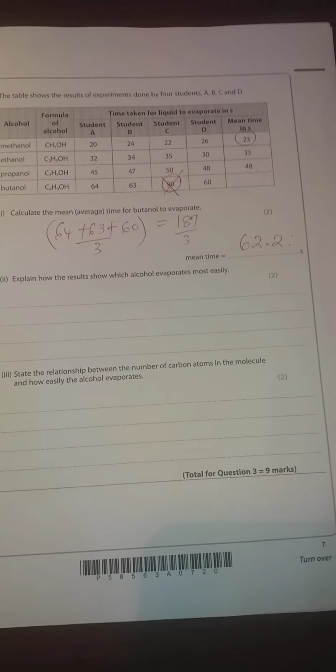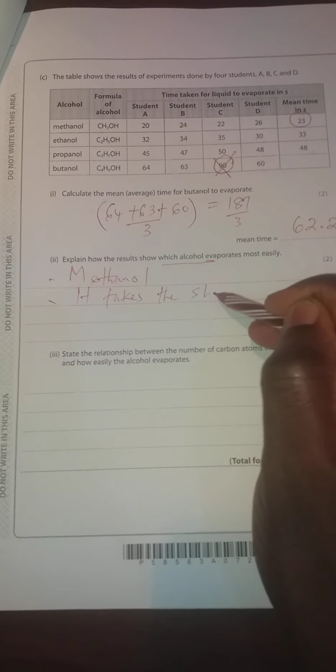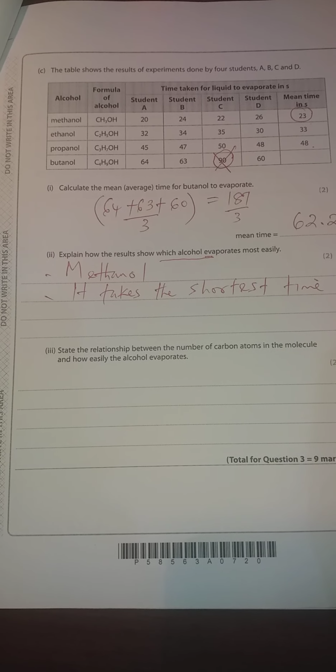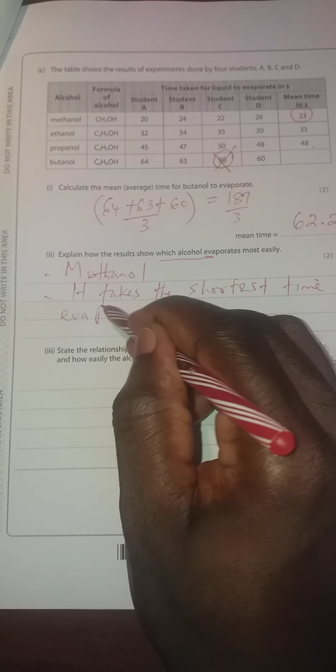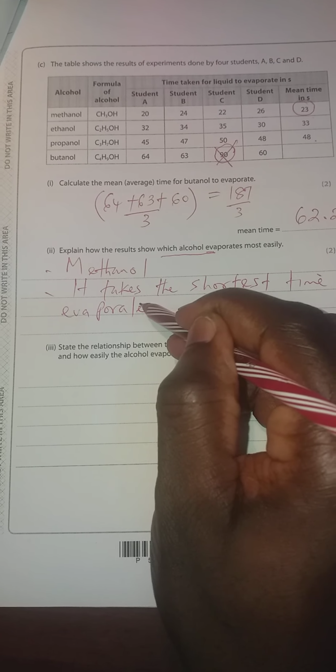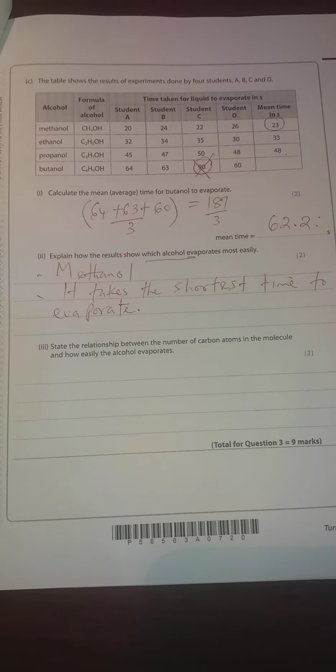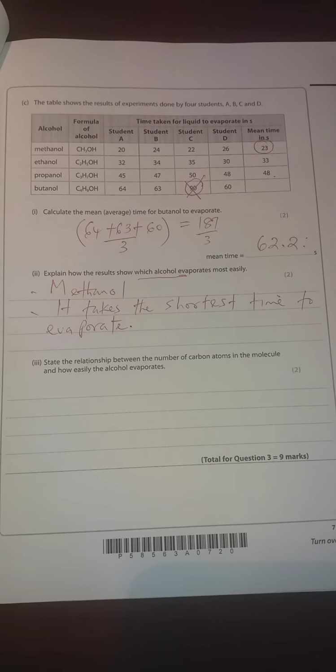So first of all, answer the question which. Which is methanol. Then give an explanation for you to get the 2 marks. Say that it takes the shortest time to evaporate.